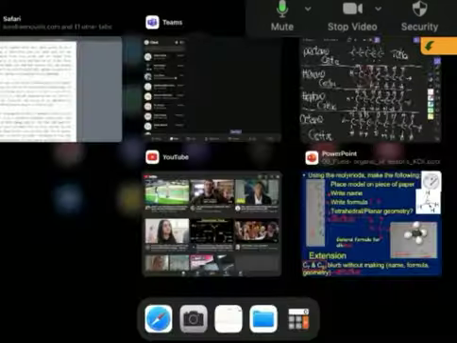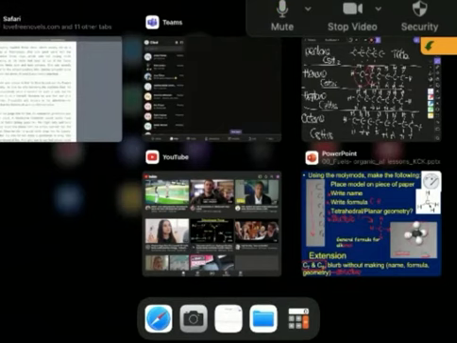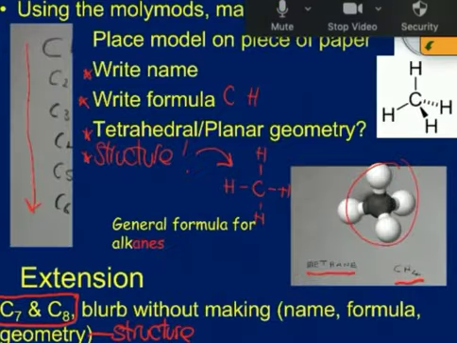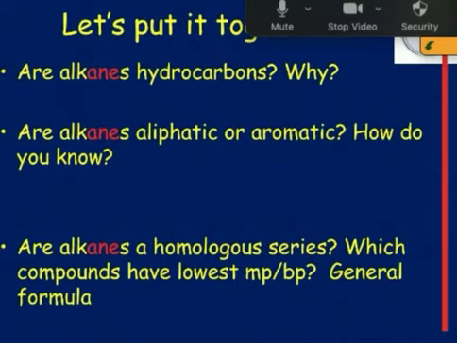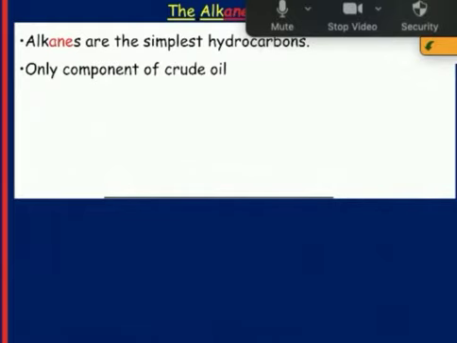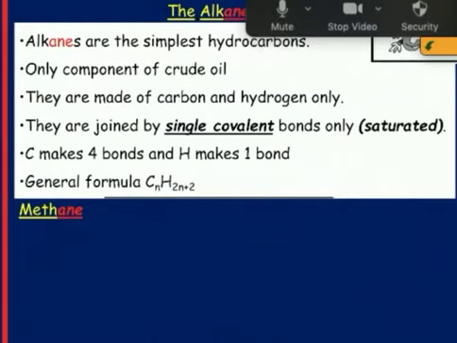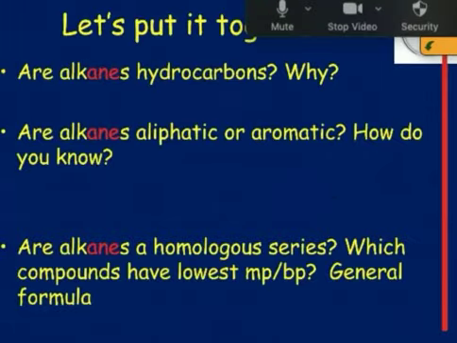Now, do you have any questions on those, please? So we have just a couple of little questions in the bottom of page 163 and a little bit on the top of page 164.